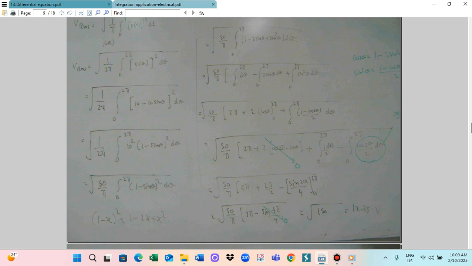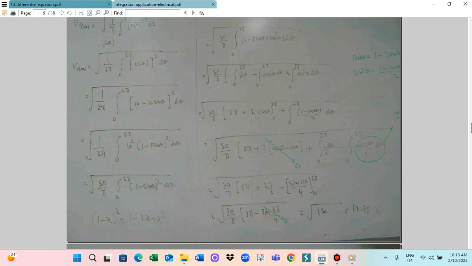So that will be the square root of 50 by pi into 2 pi, and this one substitutes as 2 pi by 2, minus the integral of the cos term. You cannot integrate this directly. This is 2 theta, so you should put 2 theta here, and the numerator you have to divide by 2. So this becomes cos 2 theta d(2 theta) by 4.